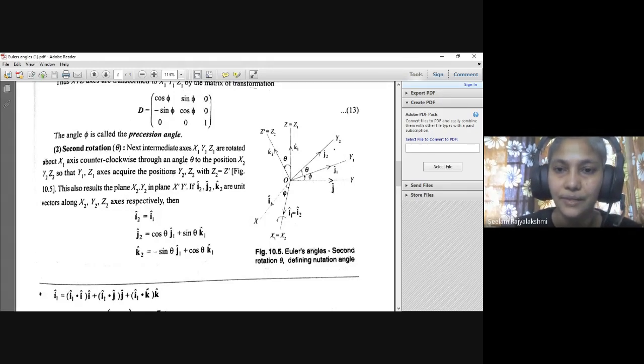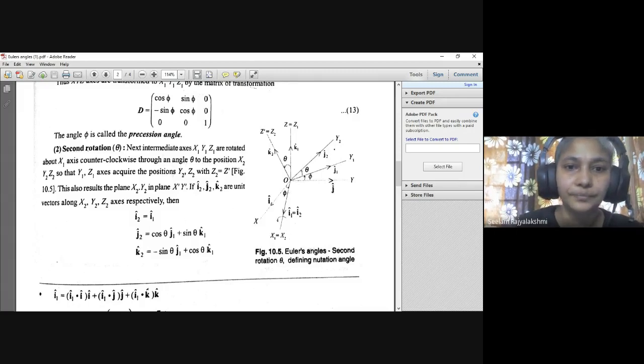Here y1 moves to y2 with an angle theta, and z1 moves to z2, but relative to the x axis, so x1 equals x2. So the unit vectors i1 equals i2, and j1 goes to j2, k1 to k2.